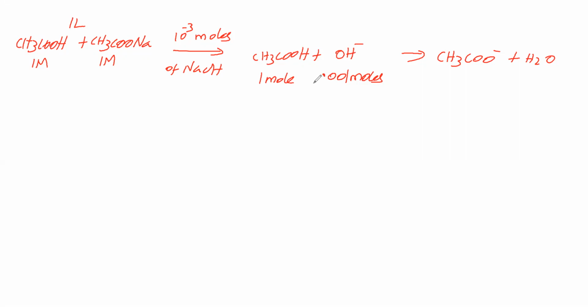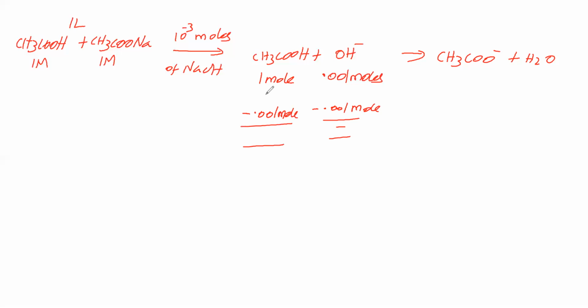Okay. So how much OH minus is removed? Completely. The added OH minus is removed completely. So how much acetic acid should be consumed for that? The same amount of acetic acid should be consumed.